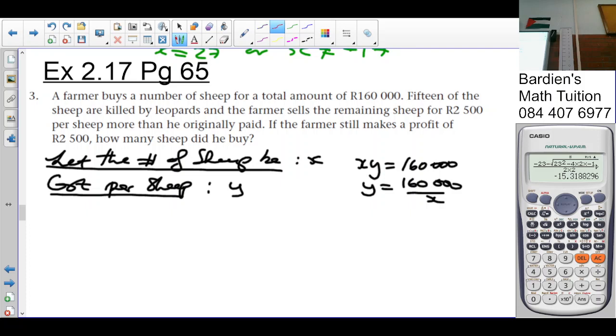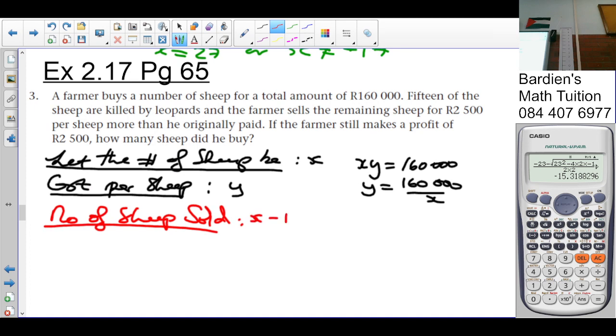We got 2 unknowns, so we must generate another equation. 15 of the sheep are killed by leopards, and the farmer sells the remainder of the sheep. So 15 are killed by the leopards. So the number of sheep sold would be what?